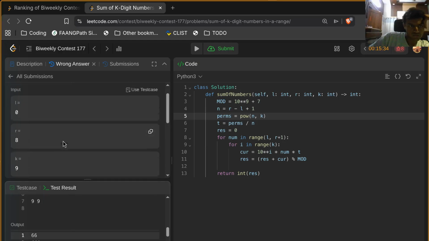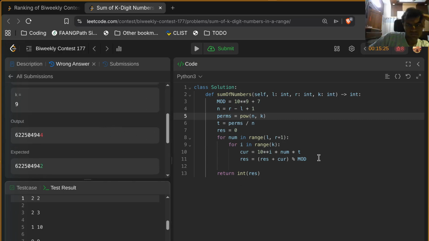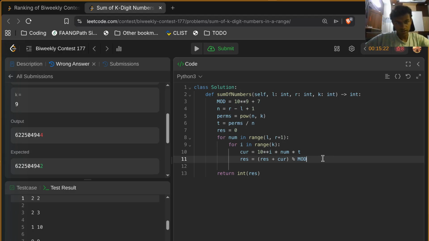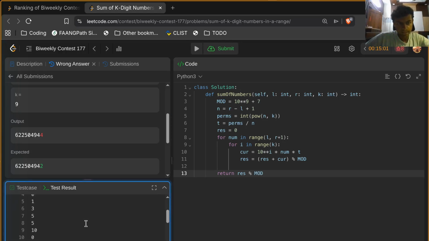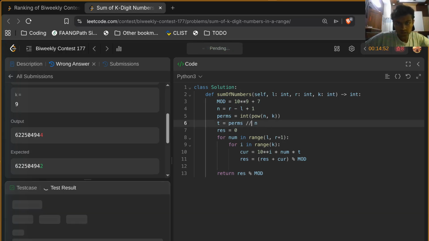Case 4 is 9, then 9 again, K. Okay, wait. First of all, let's do this first. And now, what is, okay, fine, it's that also integer division.